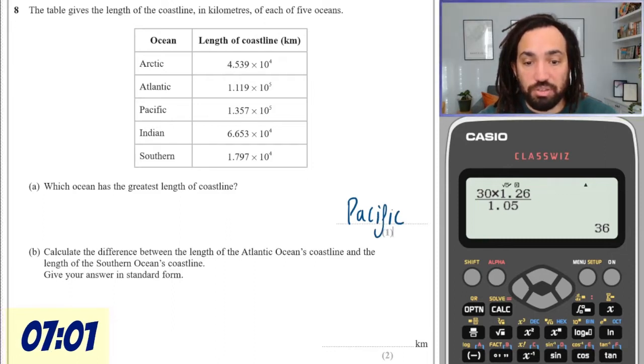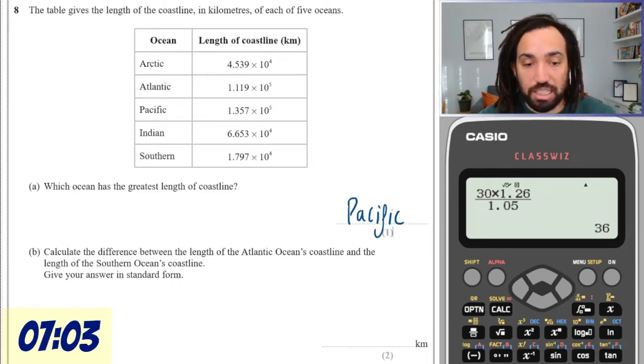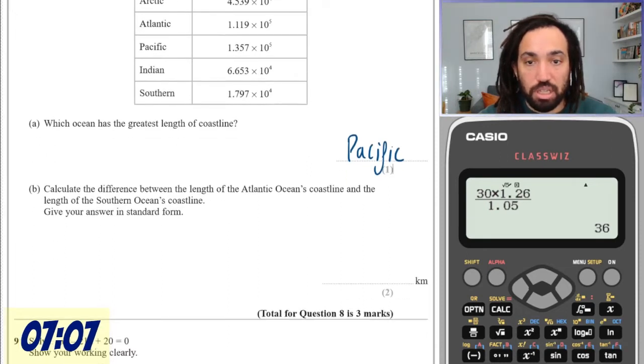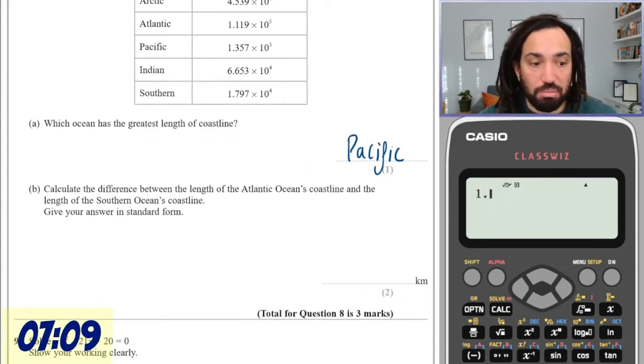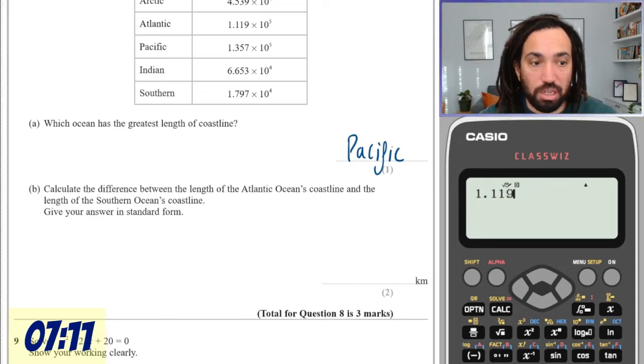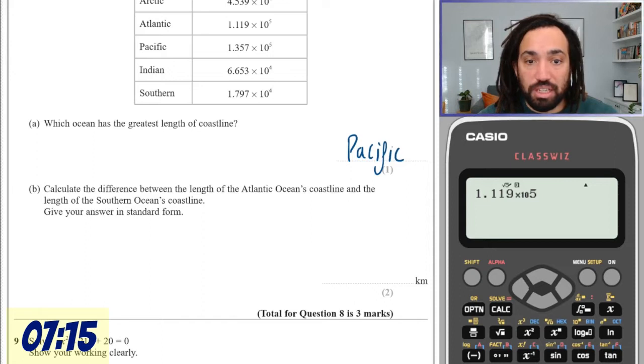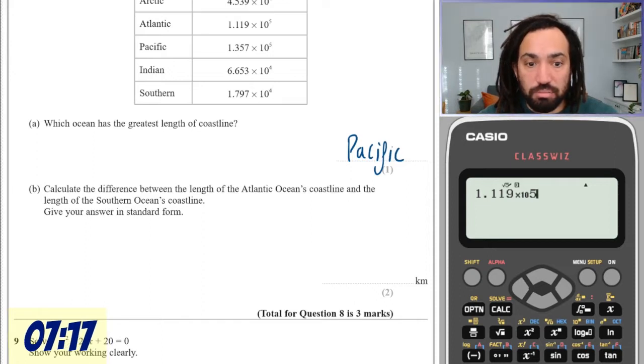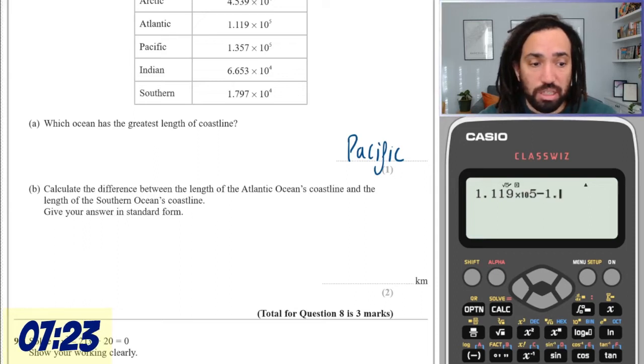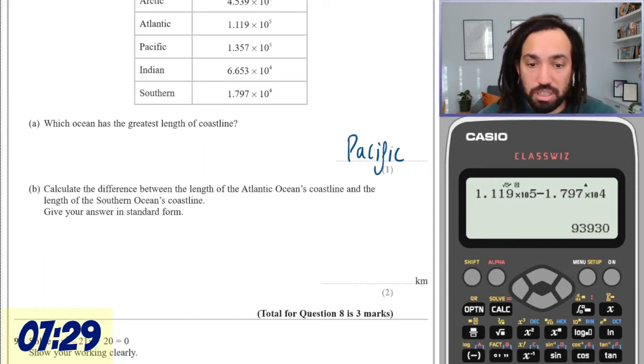Okay, calculate the difference between the length of the Atlantic and the Southern Indian Oceans. Okay, so the Atlantic is 1.119 times 10 to the 5, and the Southern Ocean, sorry, is 1.797 times 10 to the 4, which gives us this.